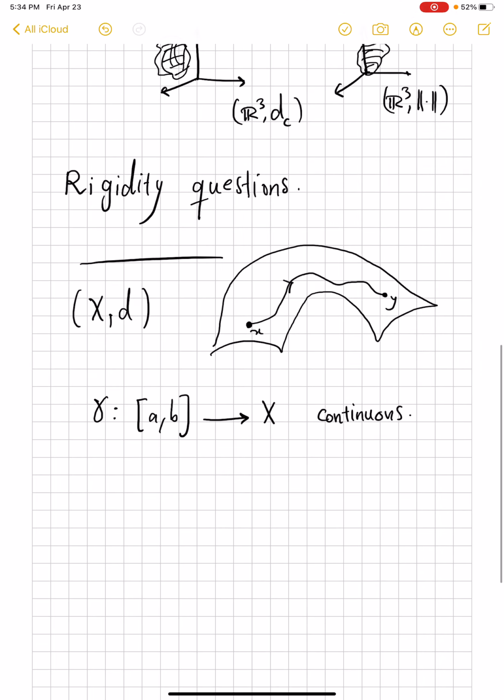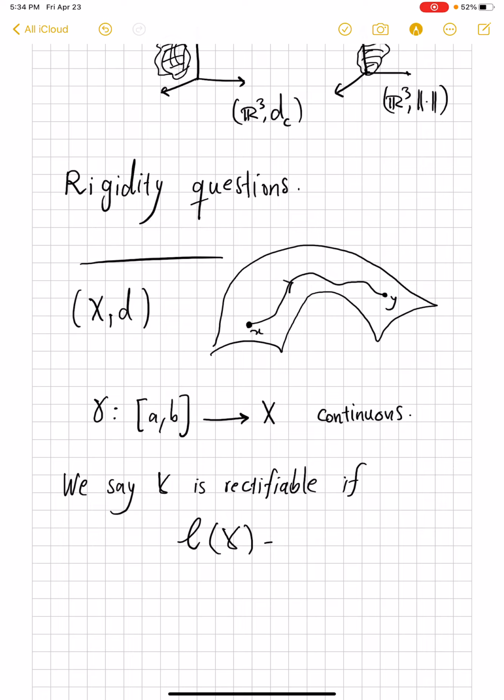And we say that a curve gamma is rectifiable if its length is finite.